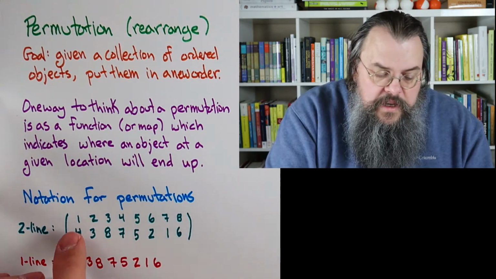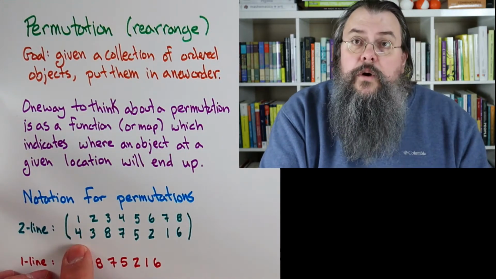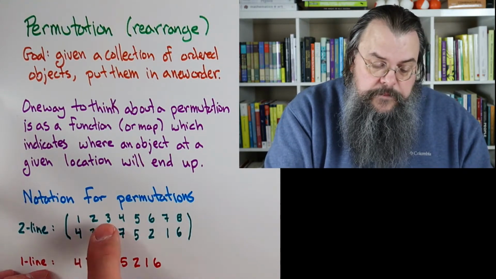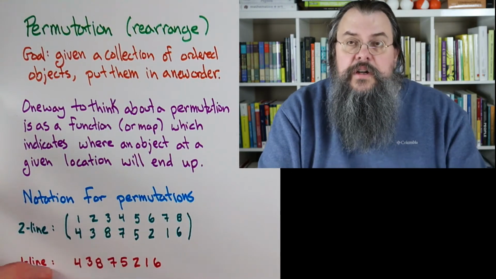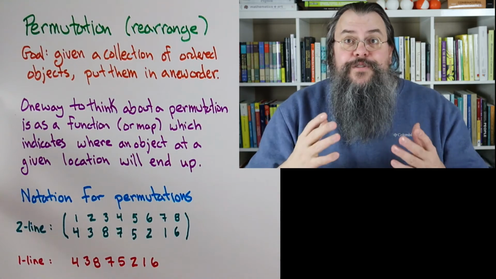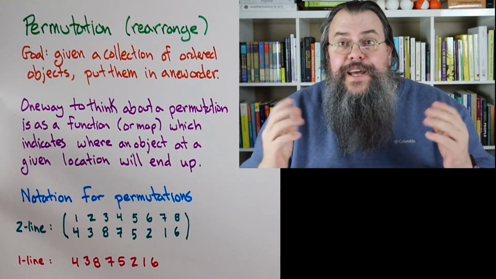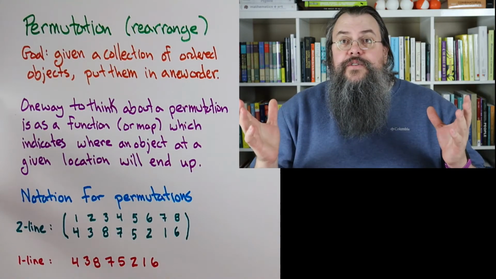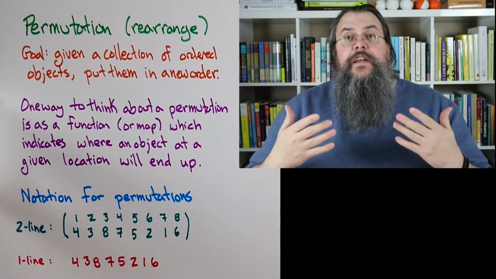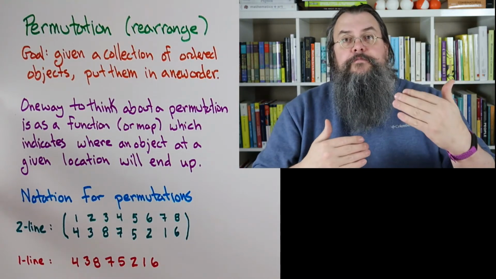So what you should see is that what's in position 1 will go to position 4. 2 will go to 3, 3 will go to 8, and so forth and so on. So the number on the top goes to the number on the bottom. That's the rule. So you actually can see the map. Where does everything end up? It's a really nice notation.